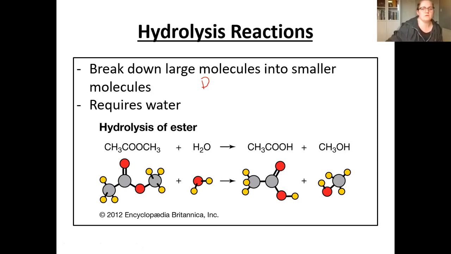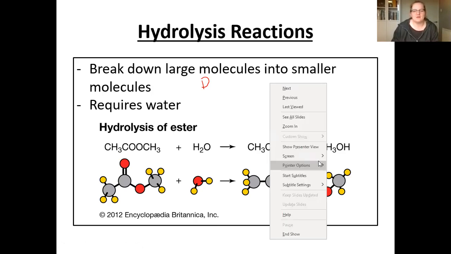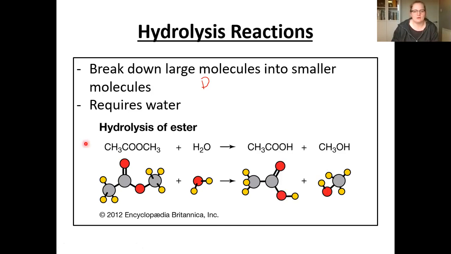So as you can see here, we have water starting to appear. What has to happen is we have our original ester molecule here. Water is added, and with the formation of water, that allows the bonds between them to break.